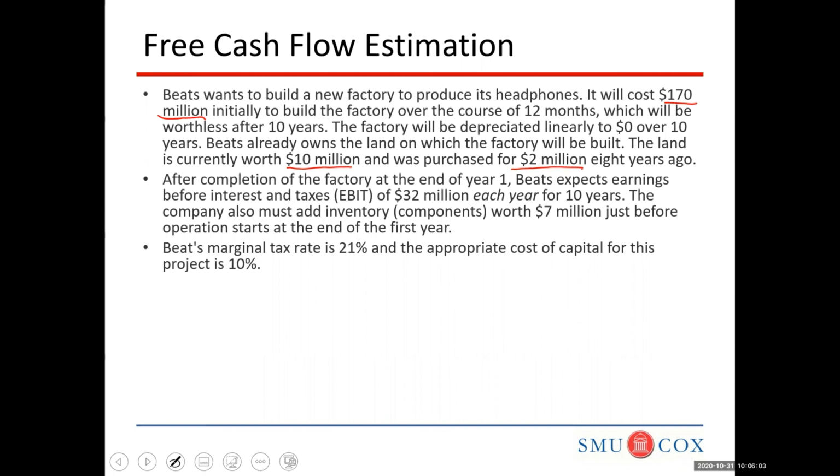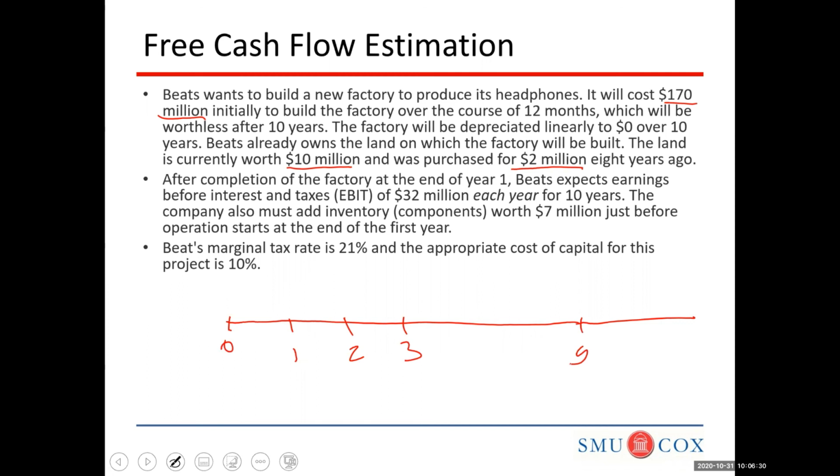So let's just keep reading. After completion of the factory at the end of year 1. I keep note of the timing here. Let me maybe draw it here. So they're telling us this is 0, 1, 2, 3.